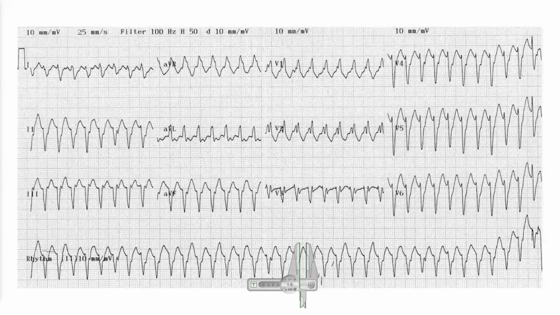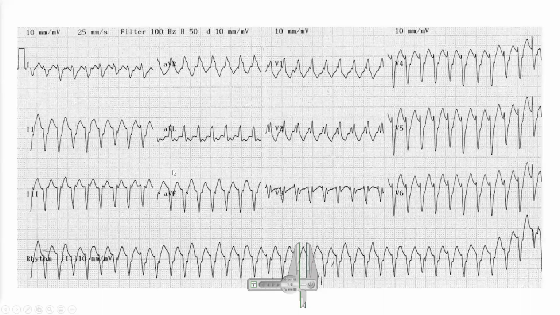Thank God there is a good criteria to rule in or tip the scales in favor of ventricular tachycardia. And so whenever you see a wide complex tachycardia, always make sure to do a 12-lead ECG. Why do we want to do a 12-lead ECG?